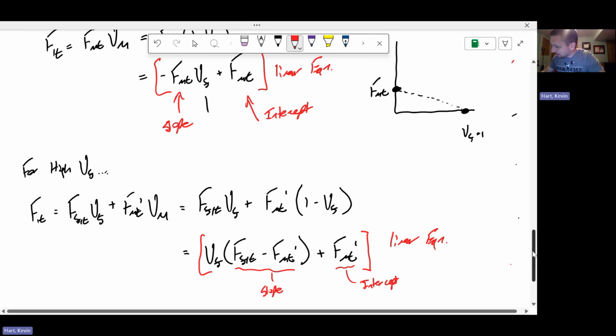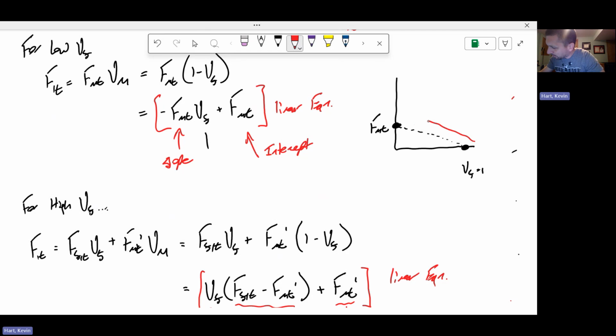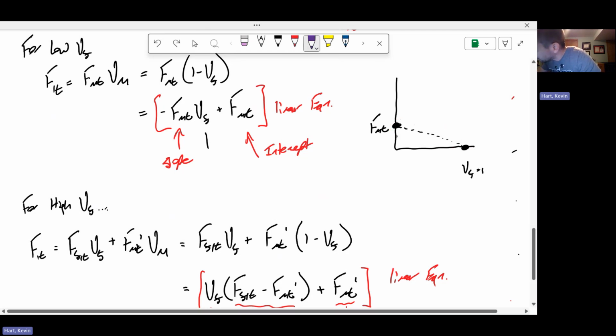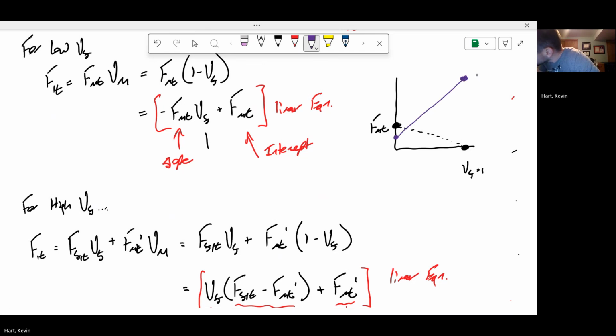If you plot this on the same graph as the first equation that we put together for low volume fraction, you'll see something that looks like this. So these are the two equations that together make up the possible failures for this composite that we fabricate.